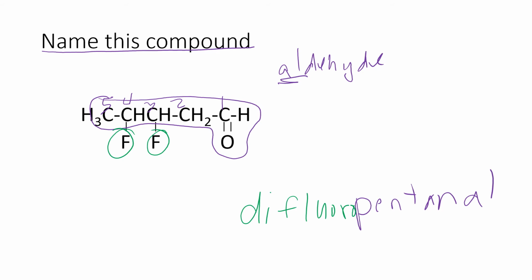So no number is needed there. And then we want to show the location of our 2 fluoros. One is at carbon 3, the other one is at carbon 4. So we add those in front of our name. So the name of our compound is 3,4-difluoropentanal.